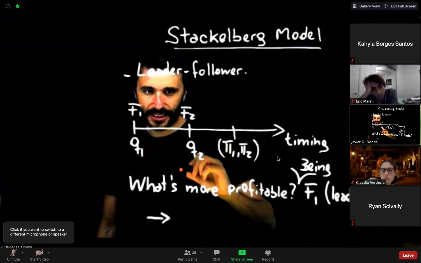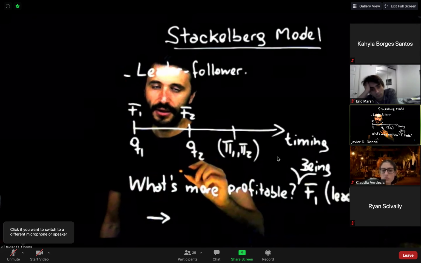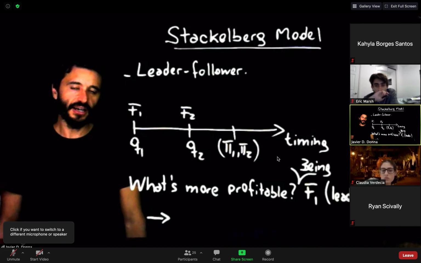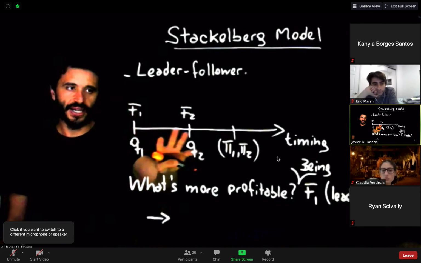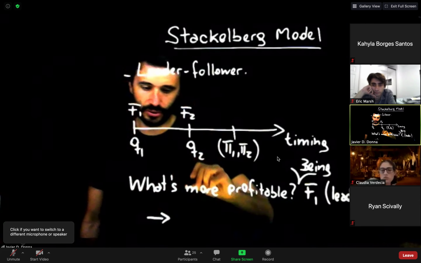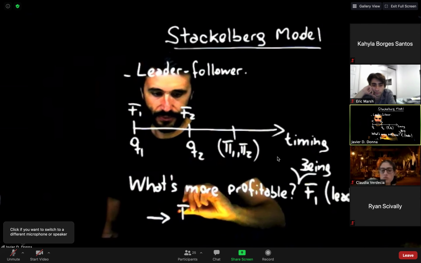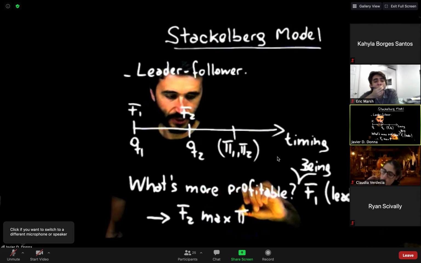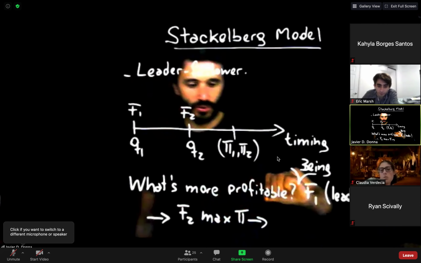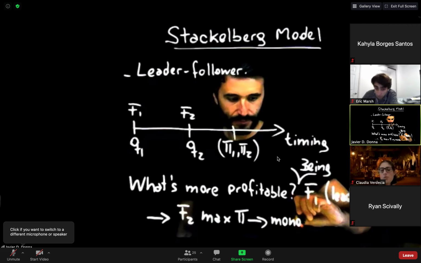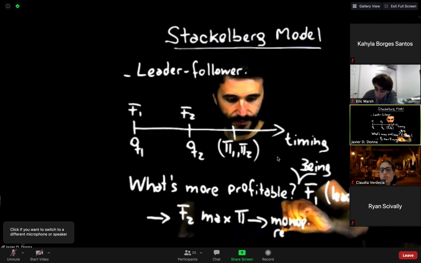So if Firm 1 sets Q1, we know what Firm 2 is going to do. Why? Because we already learned the Cournot model. So in this stage, after Firm 1 has set Q1, what is Firm 2 going to do? Firm 2 is going to maximize profit. How is it going to do that? It's going to behave as a monopoly with the residual demand.